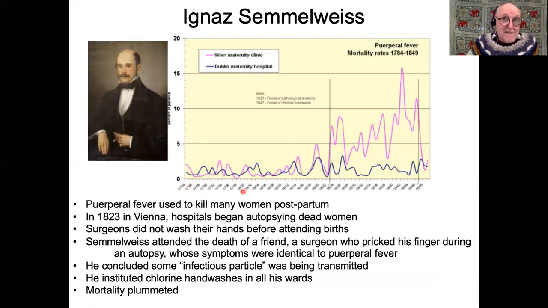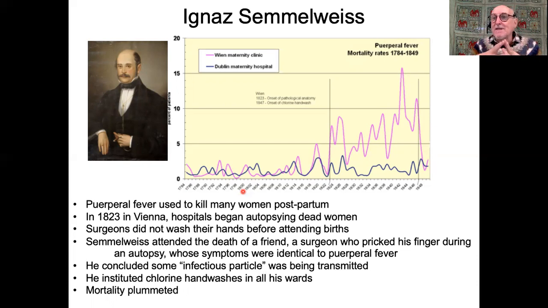So a lot of Lister's ideas were based on work which had been done, poorly advertised, but nonetheless known by this gentleman called Ignaz Semmelweis. Now, he was an Austrian doctor, and he worked primarily in obstetrics wards.